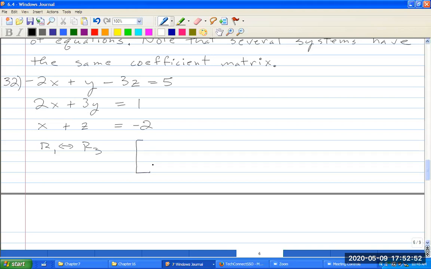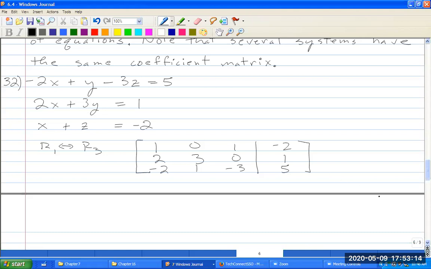So 1x, no y, 1z equals -2. 2x, 3y, no z is 1, minus 2x, 1y, minus 3z equals 5.